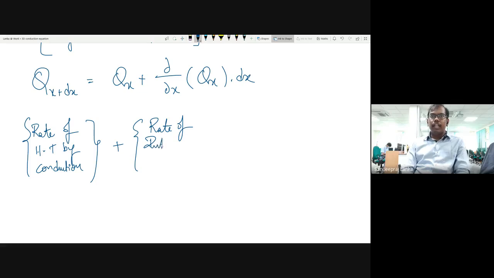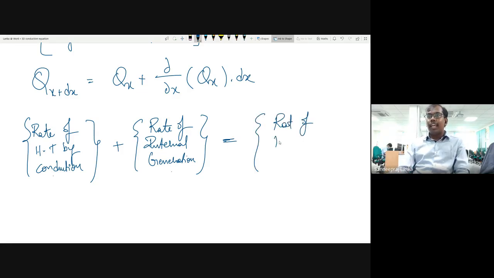I told you just now that rate of internal heat generation is nothing but the heat transfer that is happening in a system because of a source other than temperature difference. So other than temperature difference, some heat is coming into the system or going away from the system, that we call rate of internal heat generation. So apart from conduction, this can also be there. Okay, these two put together will give you something called rate of heat stored in your system.